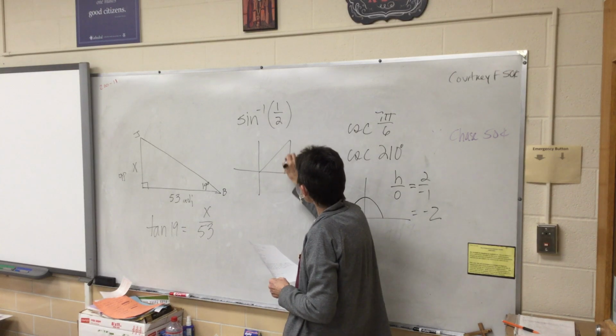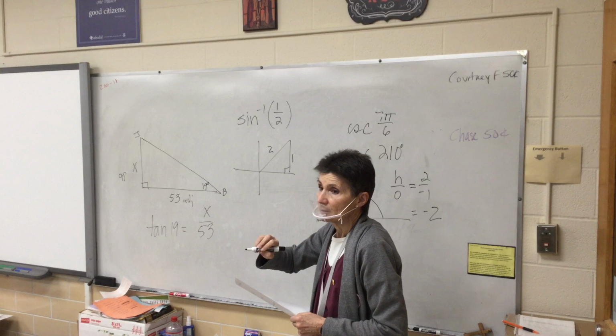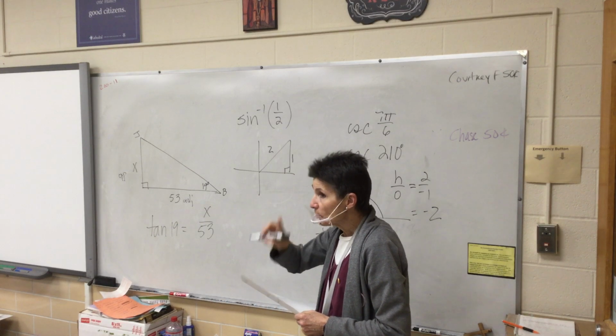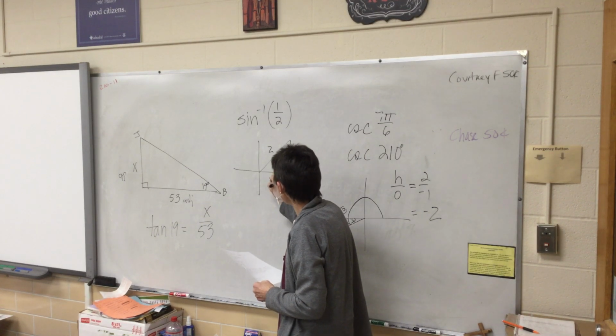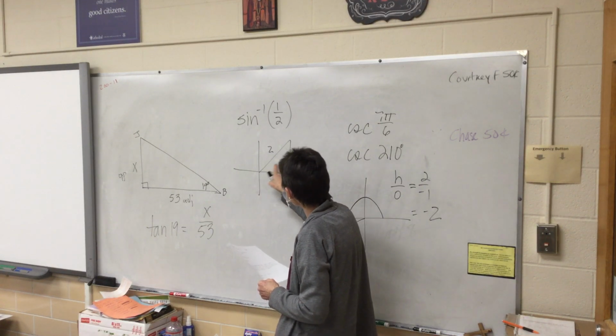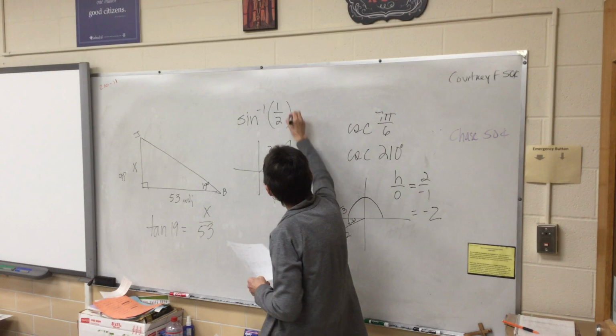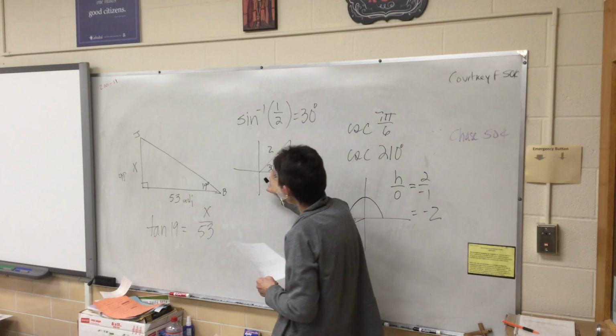And sine is opposite over hypotenuse. So at this point, you should recognize you have a special triangle, and this angle would be how big? 30. So that's the answer to the question. It's a 30-degree angle.